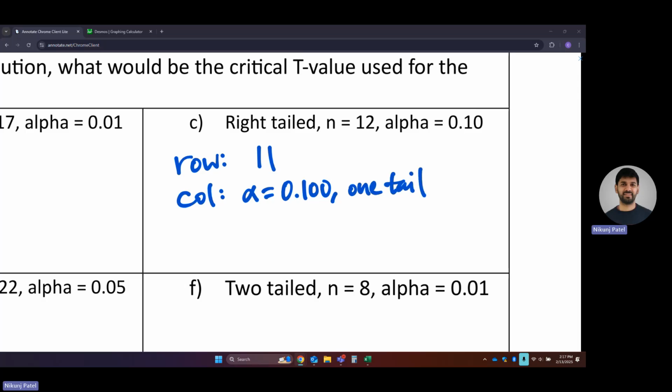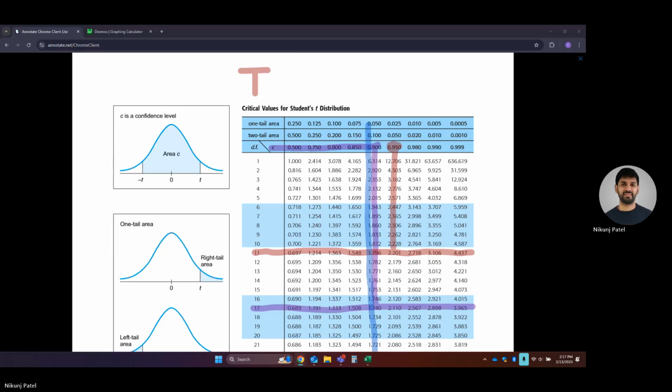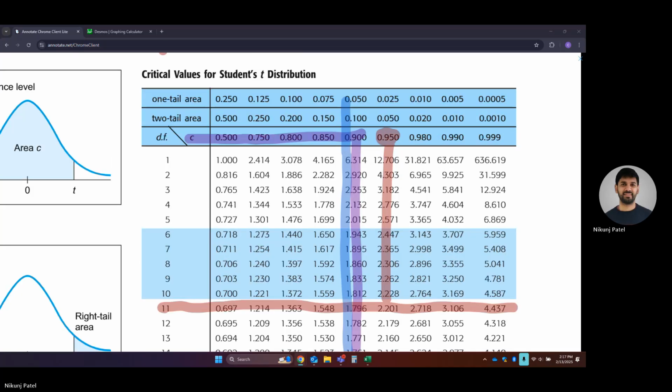So let's go over to the formula chart. Okay, so looking at the one tail areas, this one is 0.01, this one is 0.1. We want the one that looks exactly the same, 100, this one right here for one tail area. So make sure you're very careful about where the decimal is placed in each of these values. We want this third column.